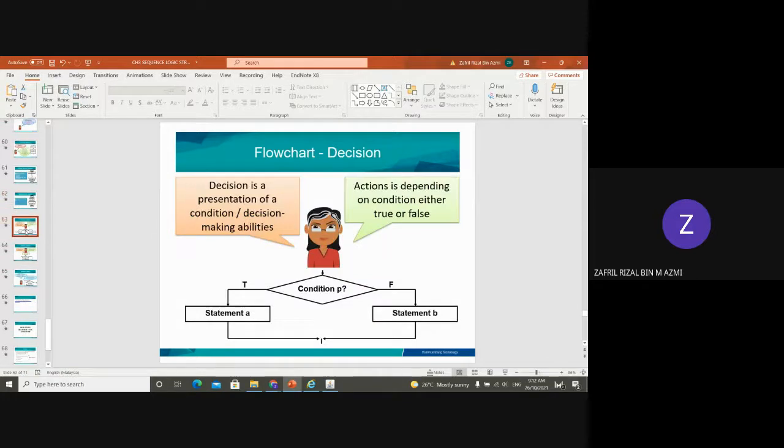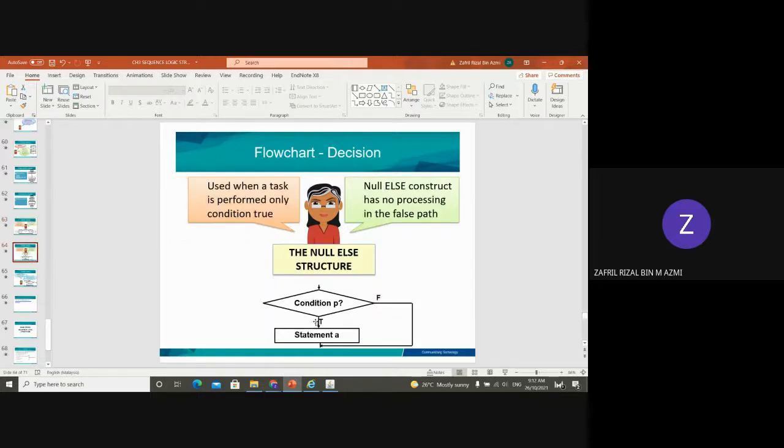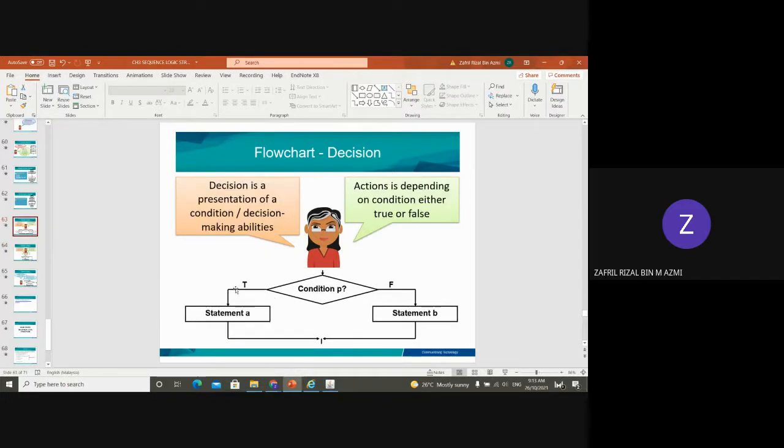Decision, next week decision. Just an example, a decision structure. This is looping. If looping, use the same symbol, but you can see a circle over here. Sorry, this is not looping. This is still decision. You see the arrow, but this is to show you that the arrow can come out anywhere.